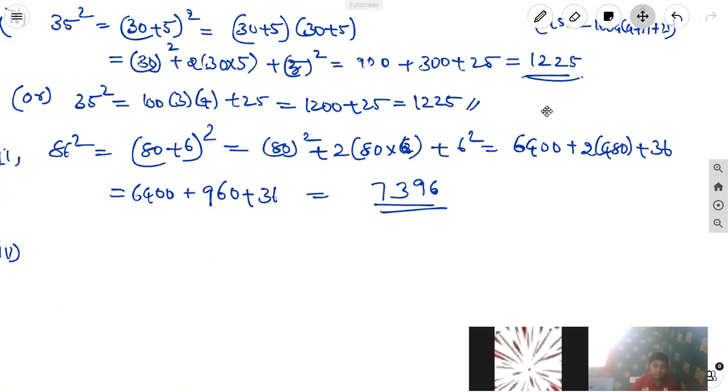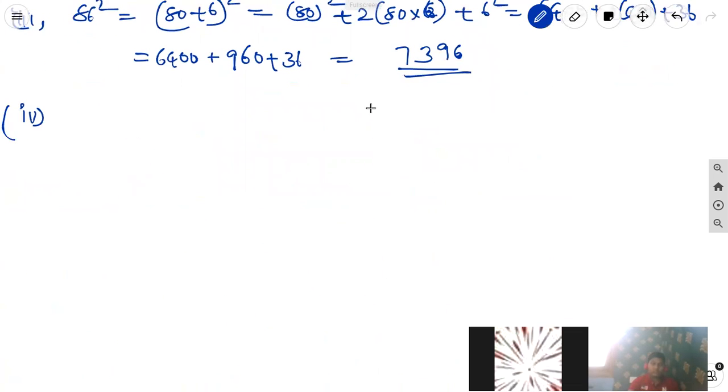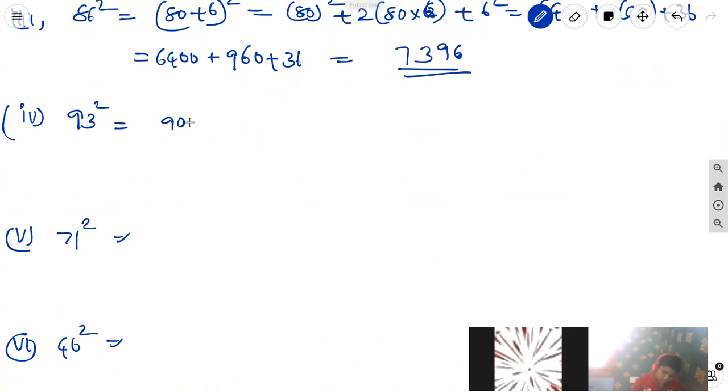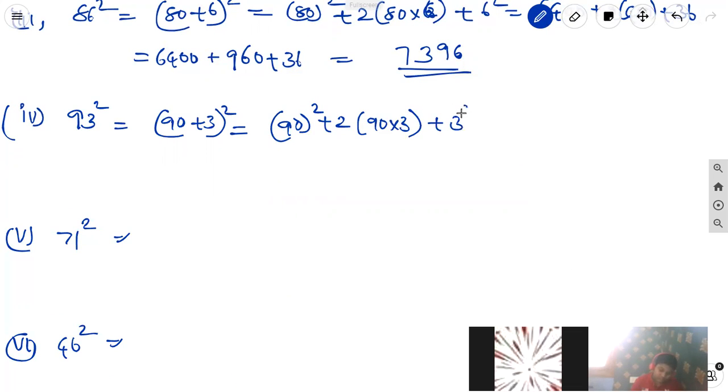Fourth one, 93, 71, 46. 93 square means 90 plus 3 whole square. First number square plus 2 into first number into second number plus second number square. 9 nines are 81, 8100, plus 2 into 9 threes are 270, plus 3 threes are 9.